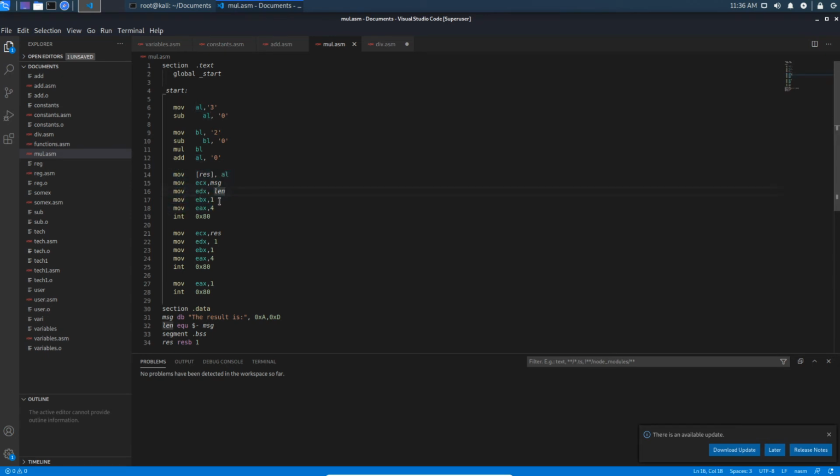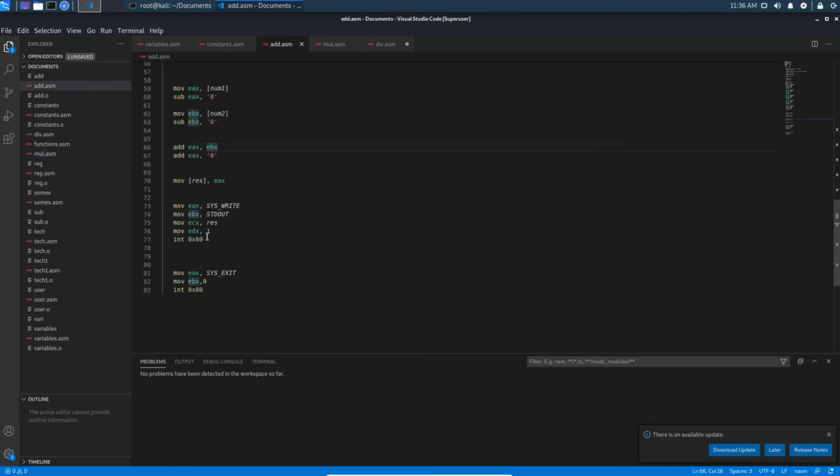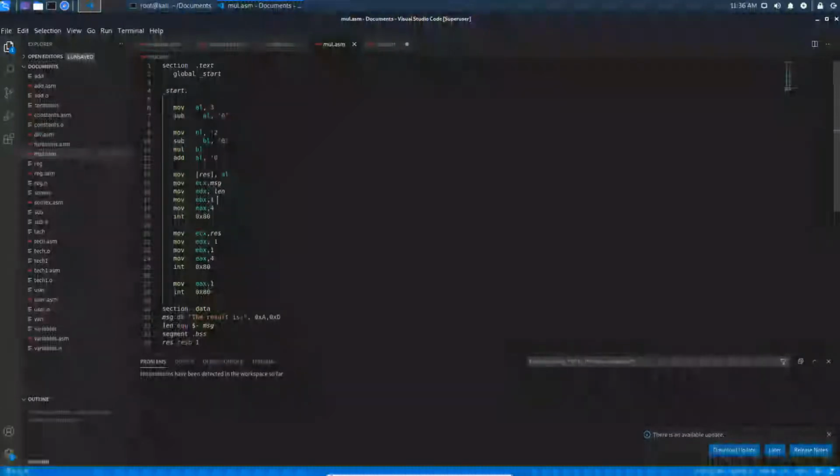Here 1 means the stdout file descriptor, and 4 means the sys_write system call. In the last video we did this using the equivalent constants. Then we write the result here.